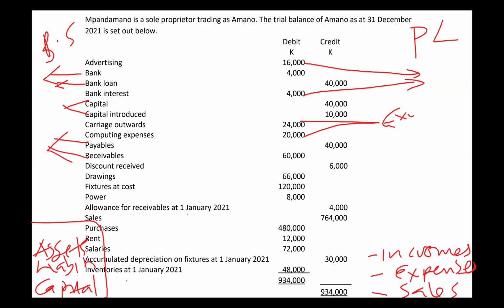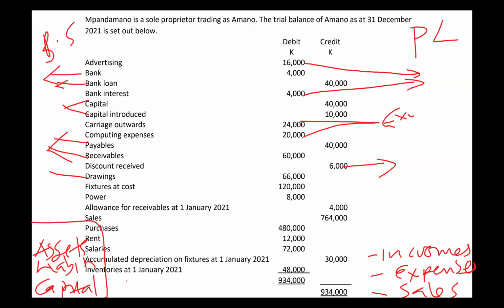Profit and loss, and then other income. Yes, this one is an income. What about drawings? Drawings fall under capital and they are subtracted from the capital. So where do they go to? P and L or balance sheet? The balance sheet.